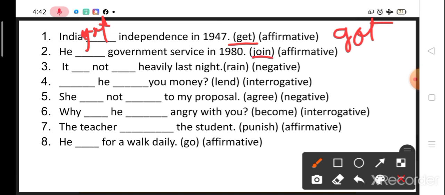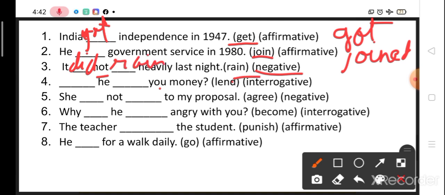He joined government service in 1980. Now here it is a negative sentence, so in the rules we have seen that did not is already given. It did not rain heavily last night.